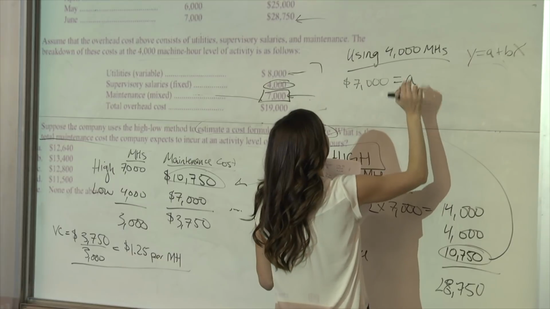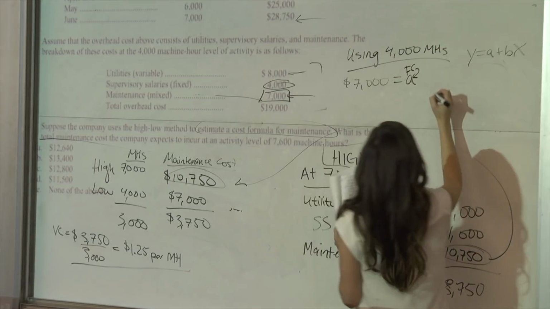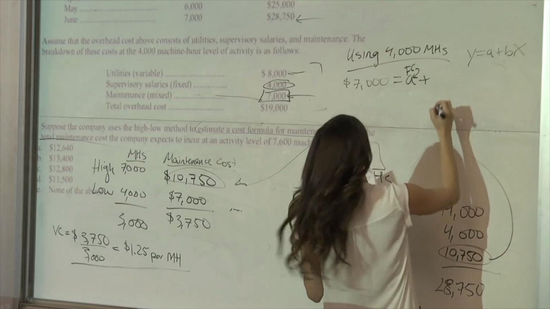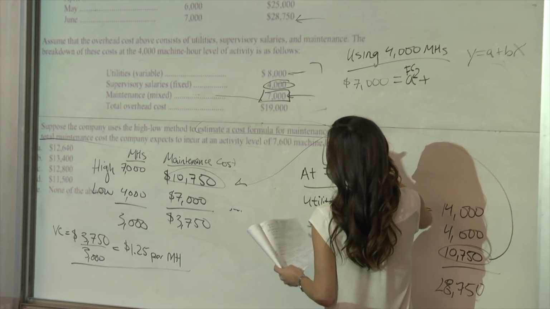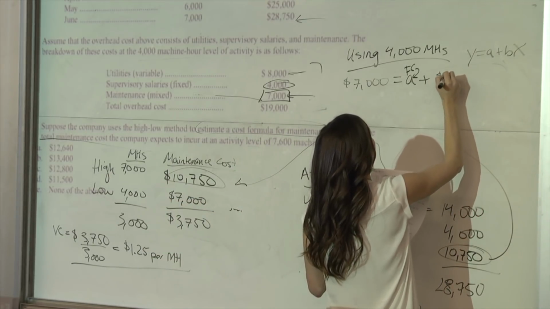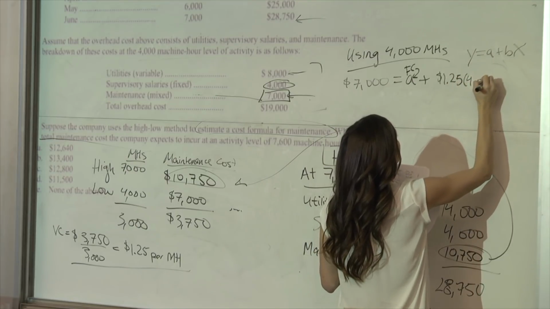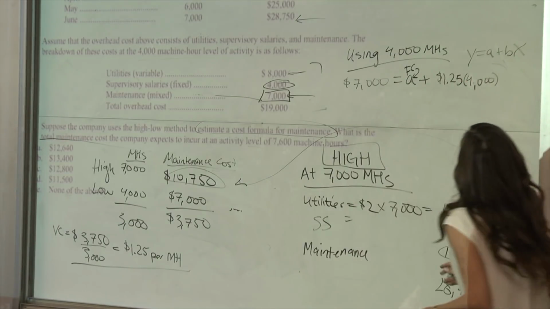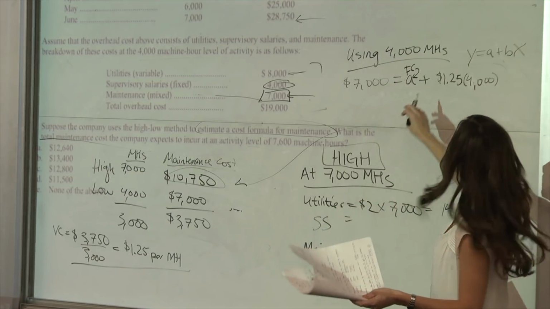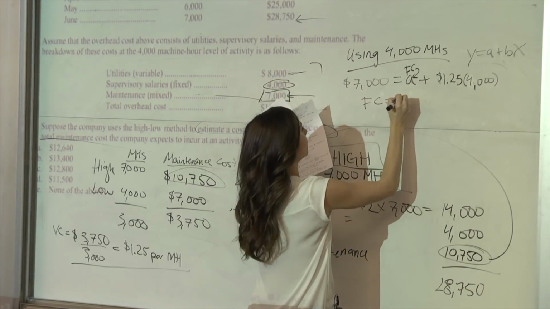The fixed cost, A, we don't know. We know the variable cost per unit now, and we know the number of units is 4,000. So we solve for the fixed cost A, and we get 2,000.